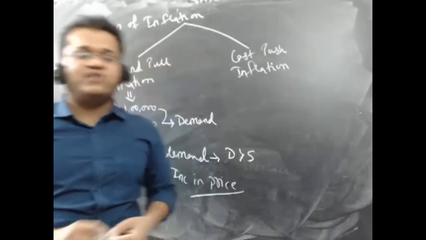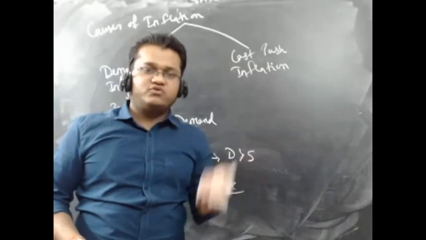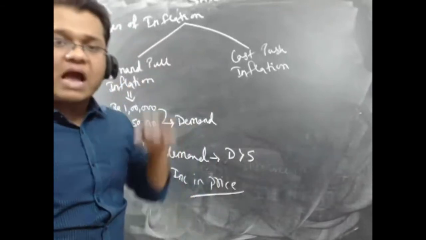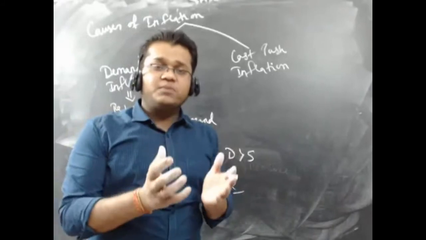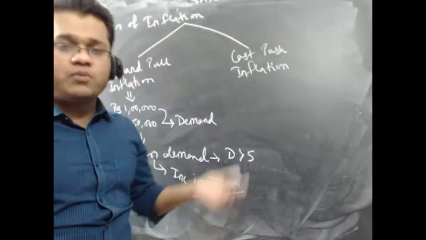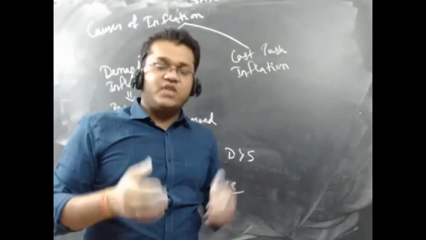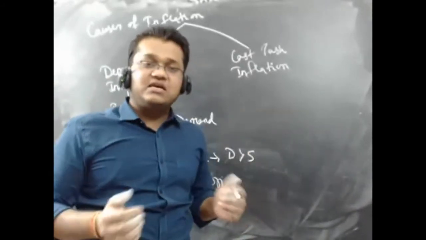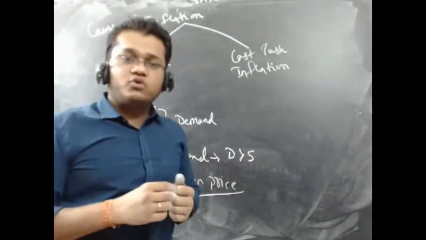Basically it is a wage employment guarantee scheme where, if you do not have a job, 100 days of work will be guaranteed to you by the government. As a result, the income of people increased, especially in rural areas. With the increase in income, they increased the demand for food.